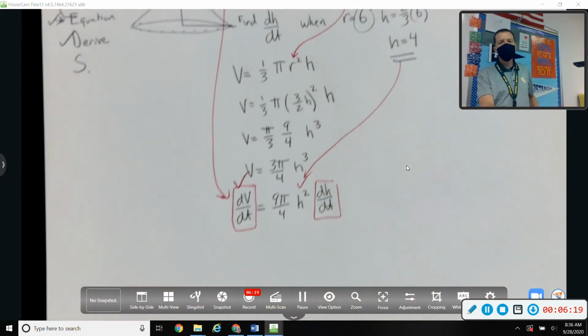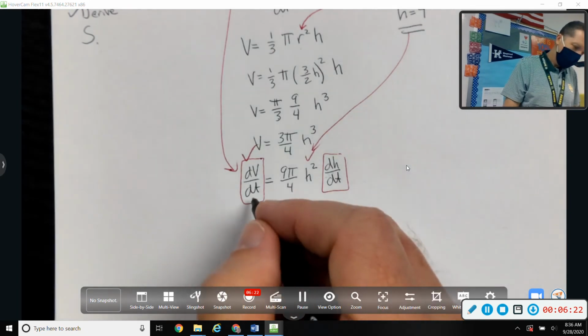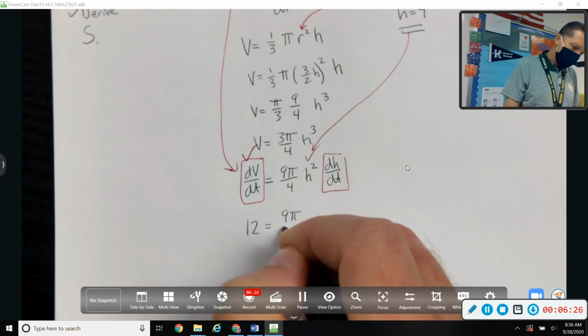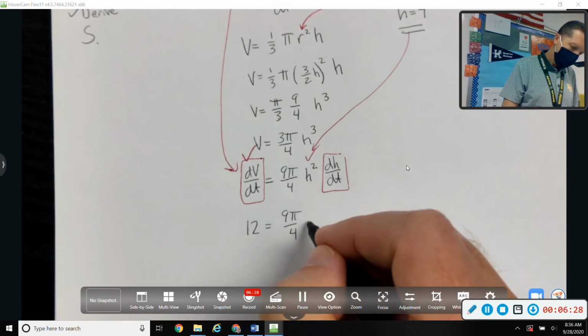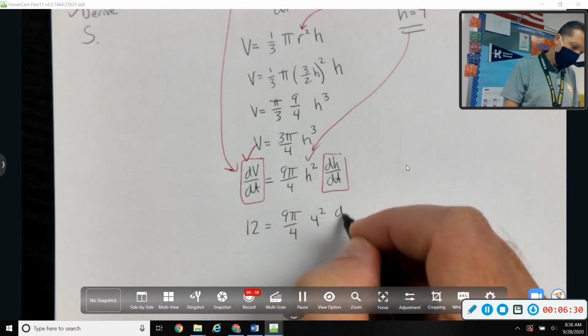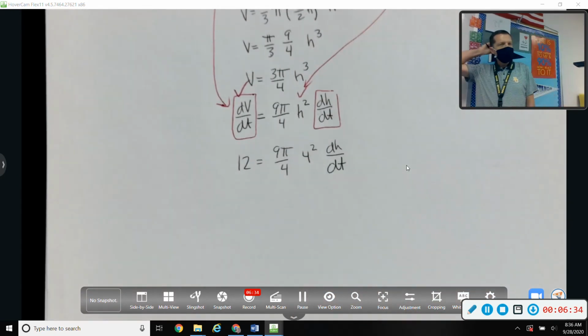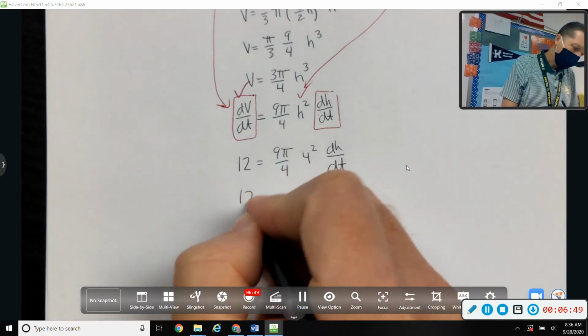So now comes the substitution. So dV/dt is 12. 9 pi over 4. H is 4. dh/dt. Now, the only thing left is algebra, but I'm not done. This isn't a safe stop because I haven't solved for dh/dt yet. So how much I want to do as cleanup is kind of up to you, but I definitely need to get dh/dt by itself.